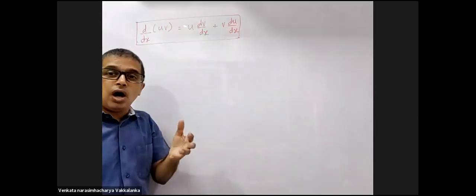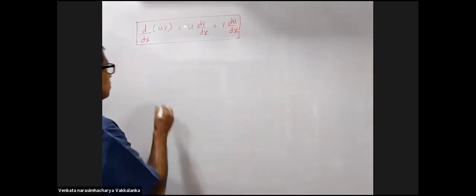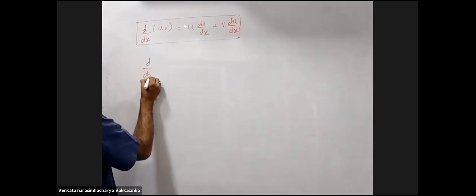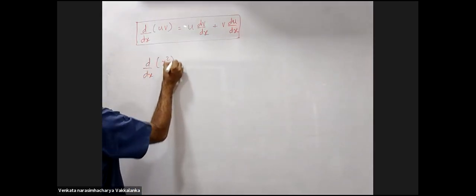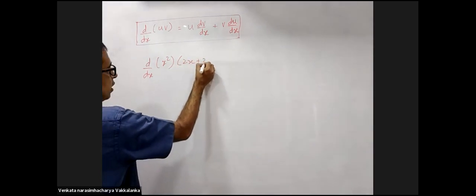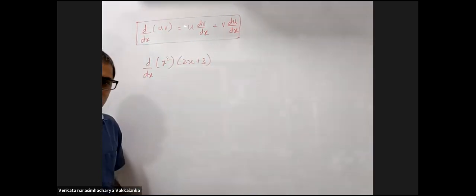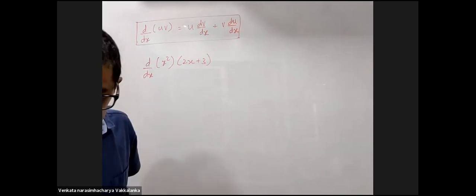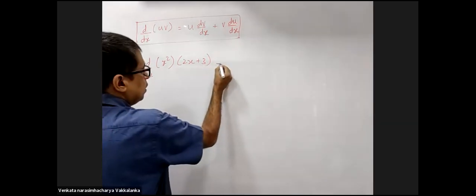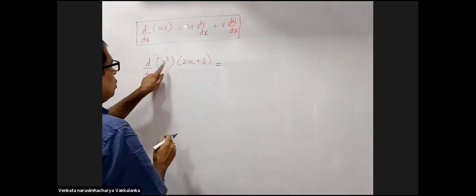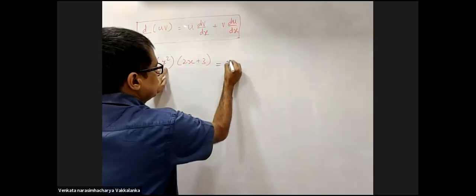Let me show you how I'm justifying this. For example, d by dx of x square into 2x plus 3. This is what you should differentiate. Now, how do we do this? According to your rule, keep u as it is, x square.